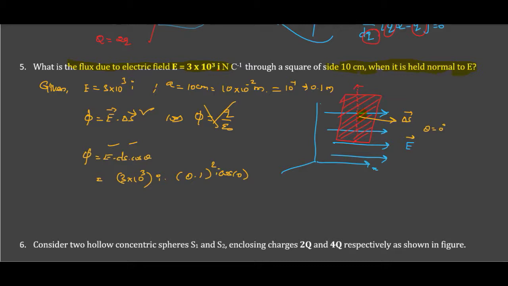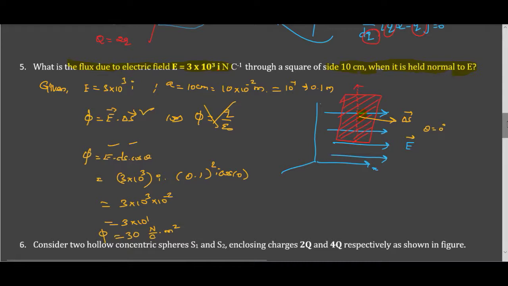So finally we can write 3 into 10 power 3 into 0.01, which is 3 into 10 power 1, that is 30. The unit of electric field is Newton per coulomb and area is meter square. So finally the flux through the square is 30 Newton meter square by coulomb.